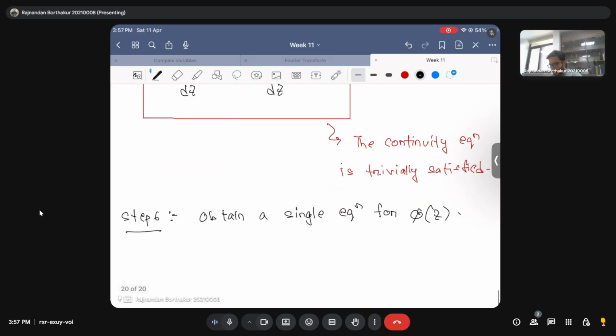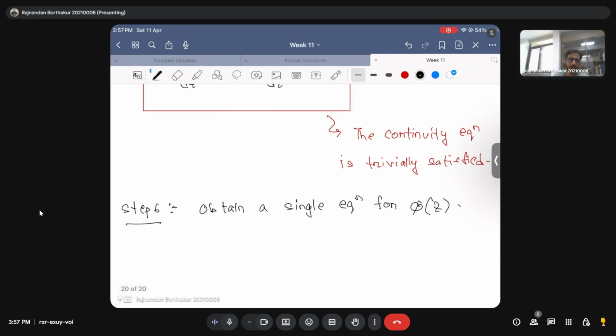Okay, I believe you understand the objective: that we now need to derive a single expression for phi by using the x and z momentum equations. And let's see how we can do it.